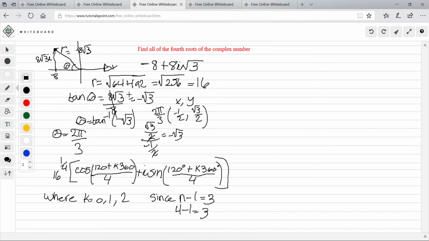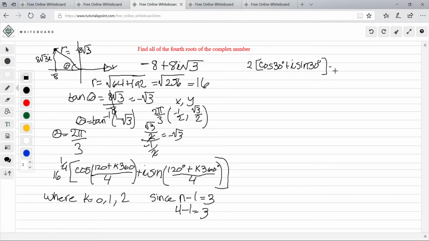If you plug in 0 for k, you should get 2 times cosine of 30 degrees plus i sine of 30 degrees.